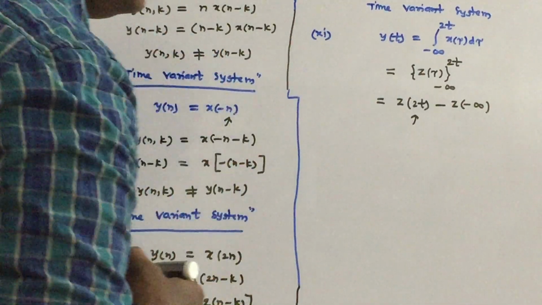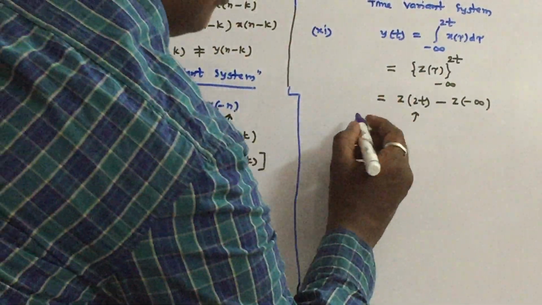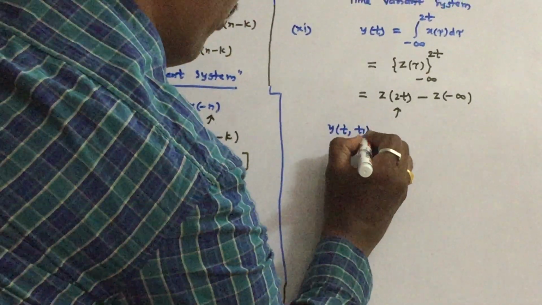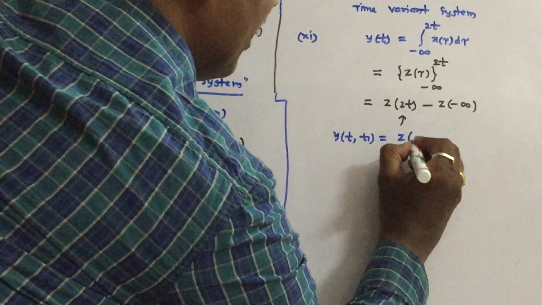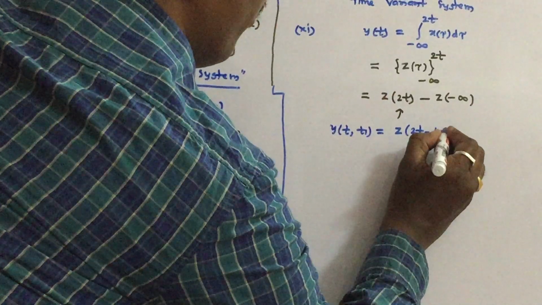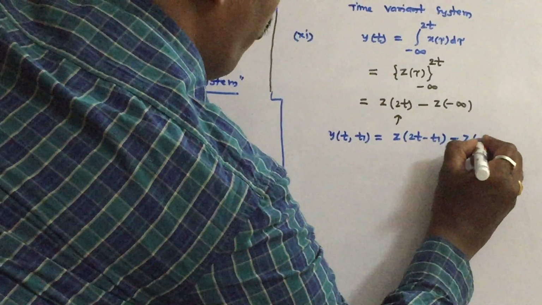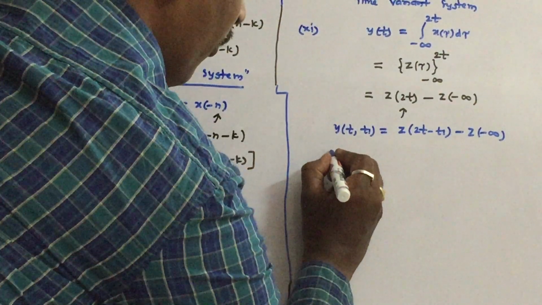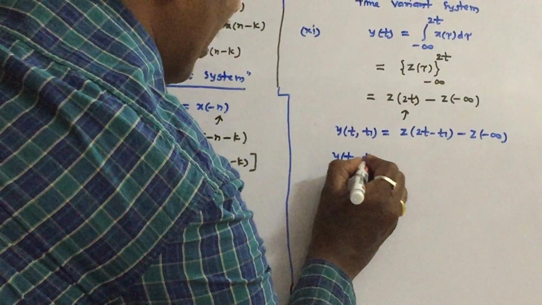Therefore, first delay the input, written as y of t comma t1. That is equal to z of 2t minus t1 minus z of minus infinity. Now delay the output, that is y of t minus t1.